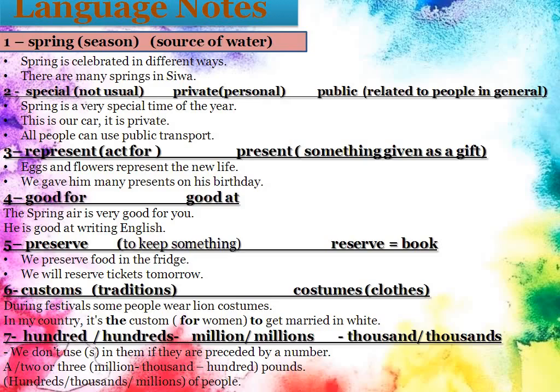Another one: represent and present. Represent means act for. Present means something given as a gift. Eggs and flowers represent the new life. We gave him many presents on his birthday.